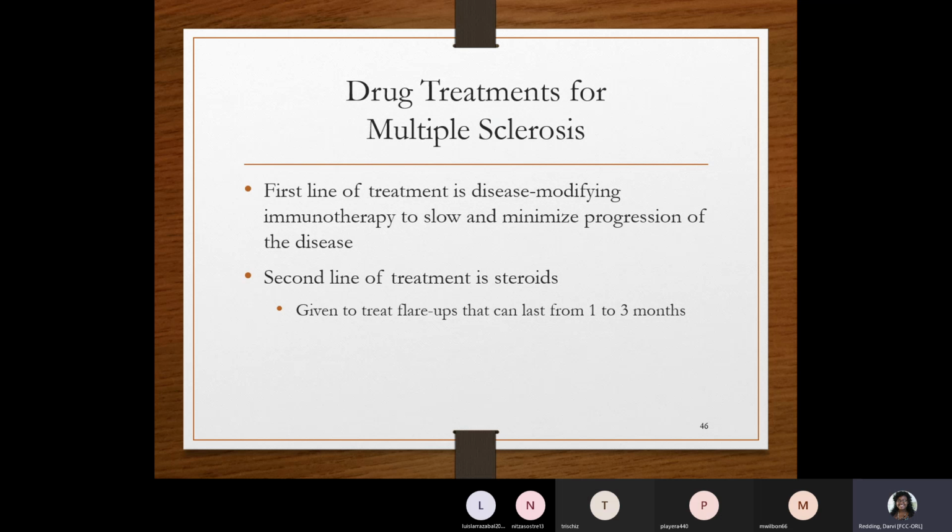Now, for the medications for multiple sclerosis, there is a first line of treatment, which is the disease modifying immunotherapy, to slow and minimize the progression of the disease. The second line of treatment would be steroids, and this would basically be given to treat the flare-ups that can last anywhere from 1 to 3 months.